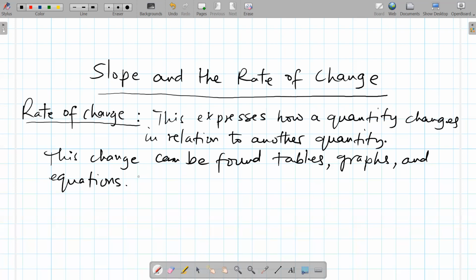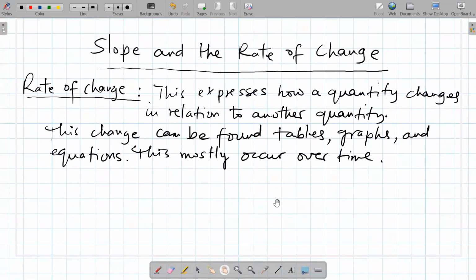And this change mostly will occur over time. Okay. So that is what we call the rate of change.